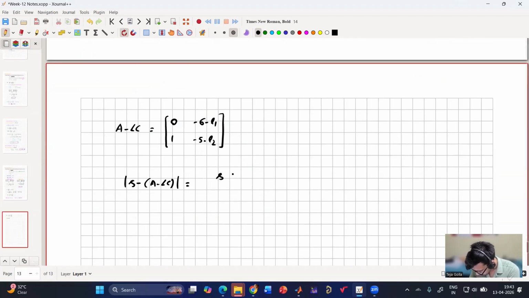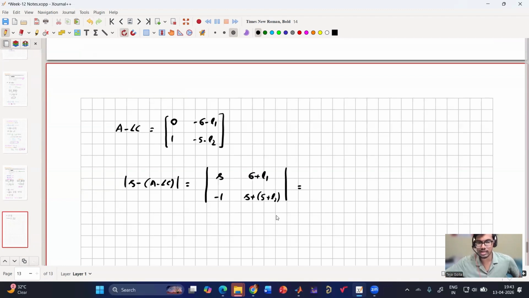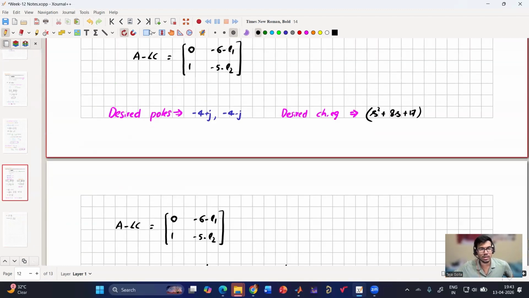So we'll have s, 6 plus L1, minus 1, s plus 5 plus L2. I have to calculate the determinant of this, and then this will be equated to the desired characteristic equation.